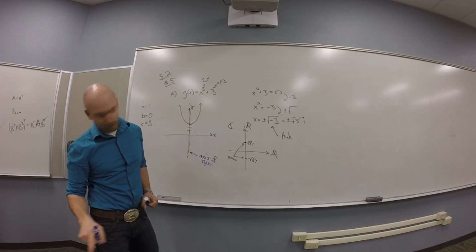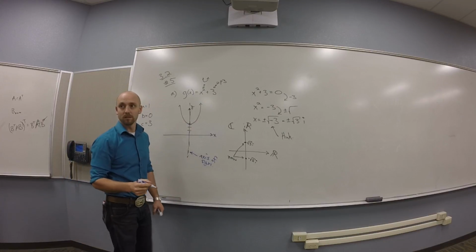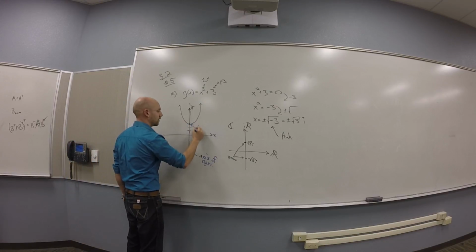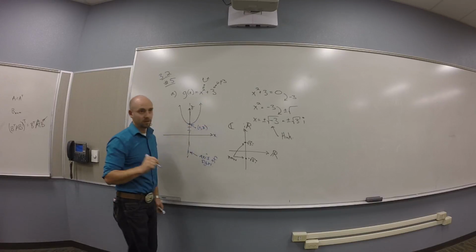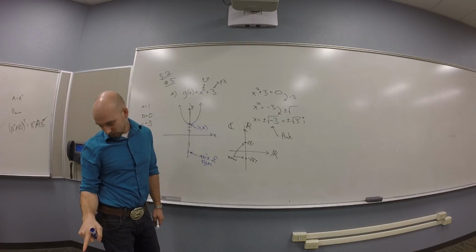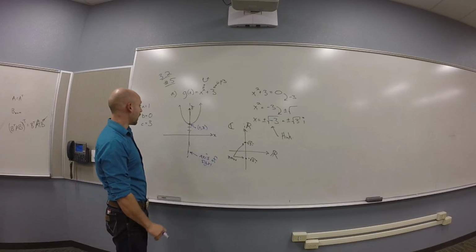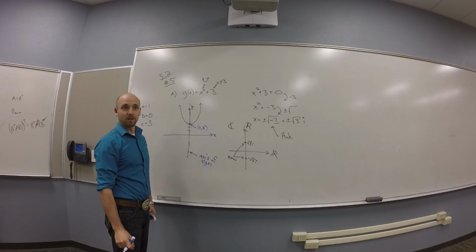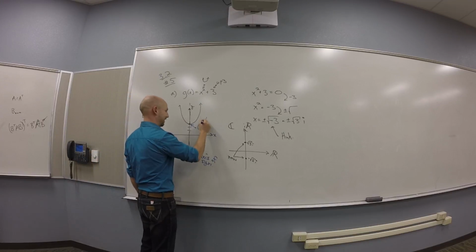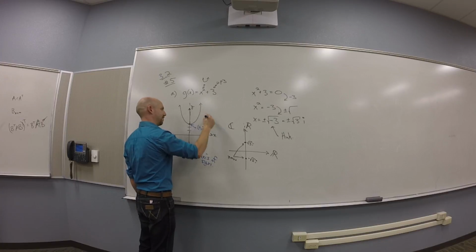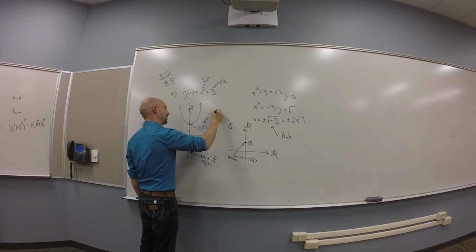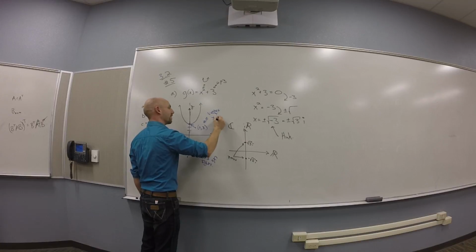And what else? Vertex. Where's the vertex? Right there. 0, 3. Okay, what else? Y-intercept. And the y-intercept, 0, 3. Oops. That one's the vertex and the y-intercept.